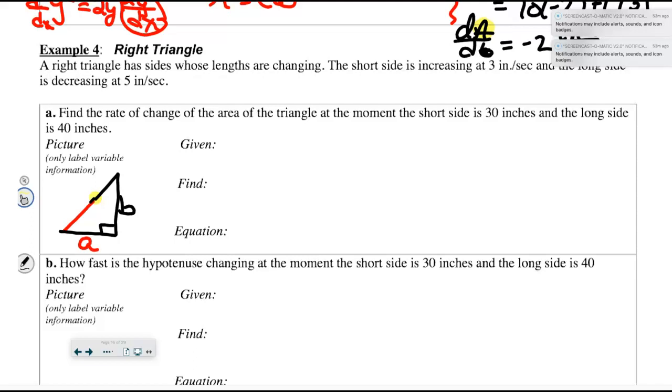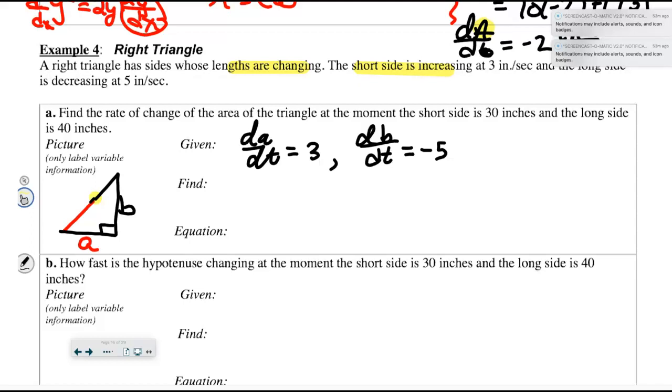So it says, the rate of change of the area, oh, I have to go up here. It has sides that are changing, the short side, so that would be my A. So my dA dt is increasing, positive 3. And then it says the long side, so that'd be my dB dt, is decreasing, so negative 5. There it is.